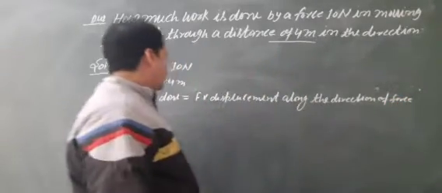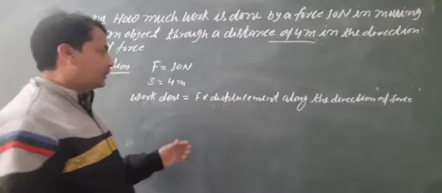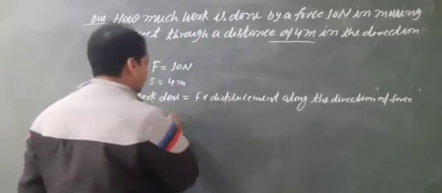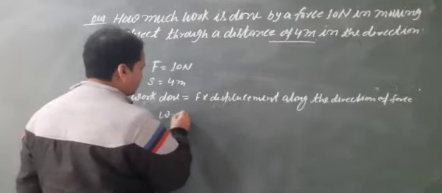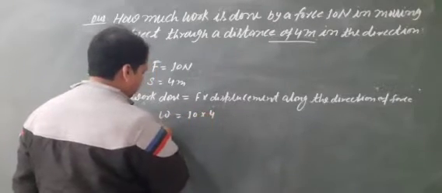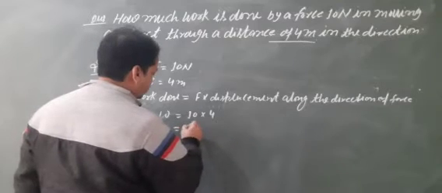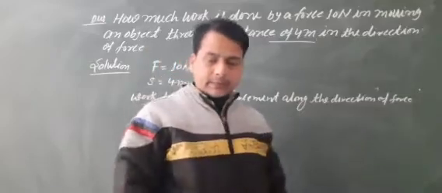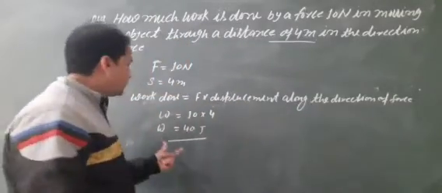So force is given here as 10 Newton and displacement along the direction of the force is given as 4 meter. Then work done W equals 10 into 4, that is 40 joule. So work done here is 40 joule.